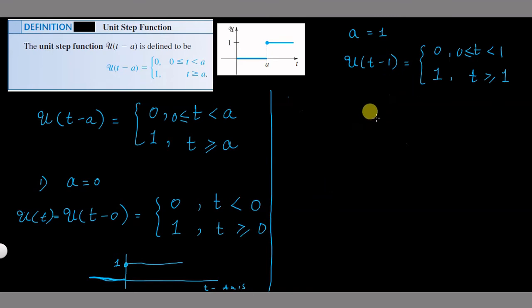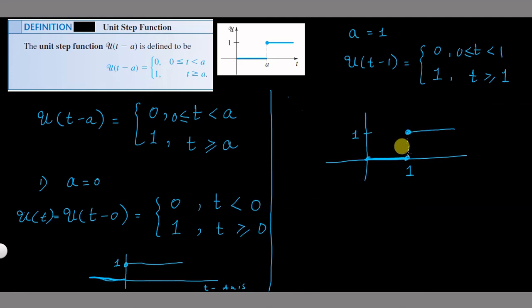And how will we represent this function in a graph? From 0 to 1, the answer will be 0. The function lies over here, so I will darken this line, and then the function will jump up 1 unit.